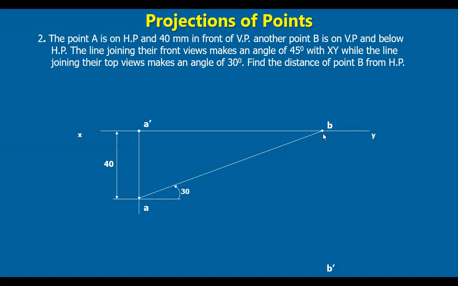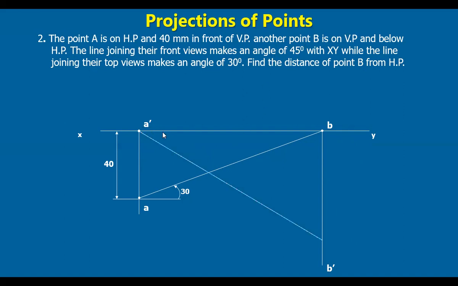Now, we know that B and B dash must lie on the same projector. So we draw a projector here through B. And here we make use of this data: the line joining their front views makes an angle of 45 degrees with XY. So we know the front view A dash, we don't know B dash, but the line joining these two points is making 45 degrees.